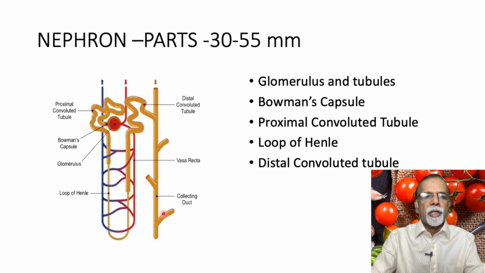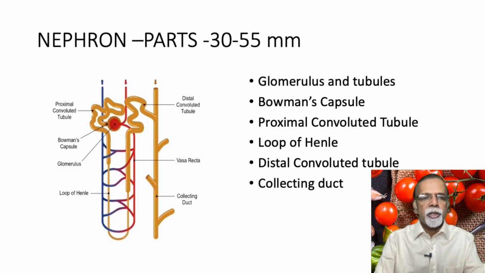And the collecting duct finally ends in the papilla into the minor calyces, which form the major calyces, and from there the ureter is formed. So the major parts of the nephron are the glomerulus, which includes the Bowman's capsule, the proximal convoluted tubule, loop of Henle, distal convoluted tubule, and collecting duct.